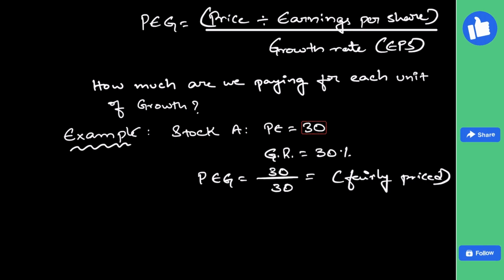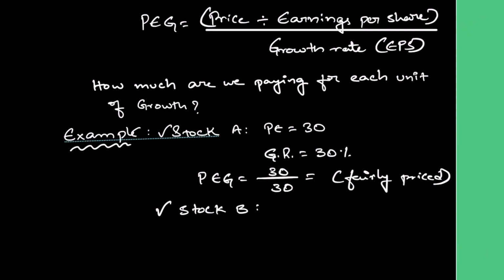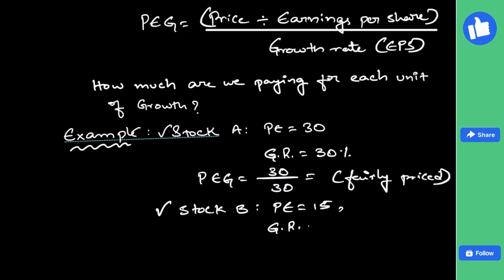Now let's take another example, stock B, and see how it works. Assume that PE is equal to 15. Most think the stock is trading undervalued or available at a cheaper rate if the PE is at 15. But let's value it with the growth rate.